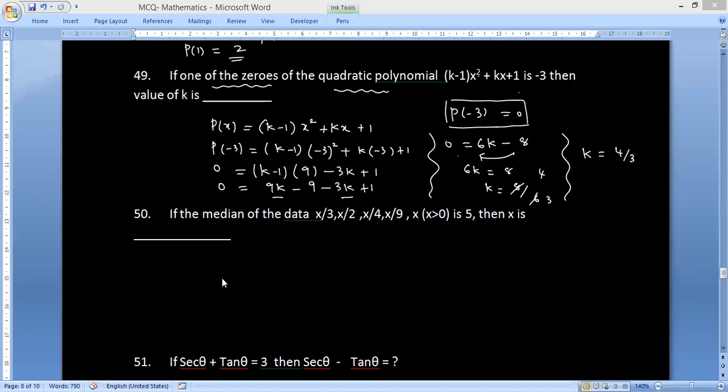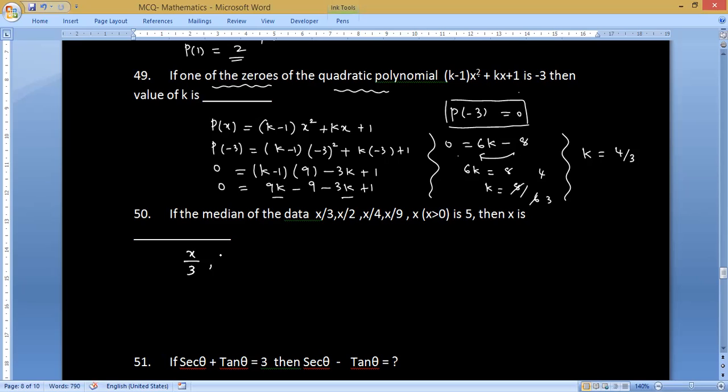So we'll see the next question. If the median of the data x/3, x/2, x/4, x/9, x, where x is greater than 0, is 5. So in the question, the median is already given. First we'll write the observations: x/3, then x/2, then x/4, then x/9, then x.